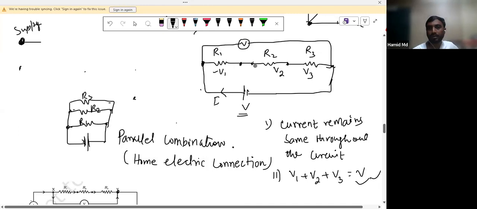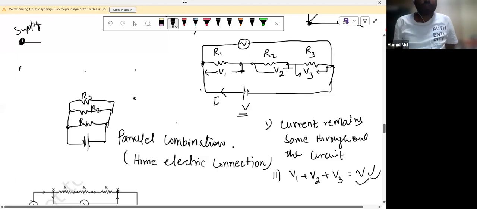Across this point, we will get V2. Across this point, we will get V3. So these are the potential drops across these points. The sum of all the potentials will be equal to the total potential of the battery. If we are aware of this, we can find the resistance.